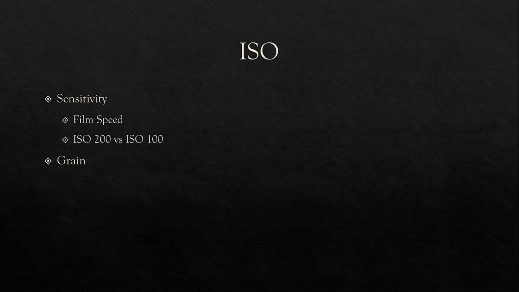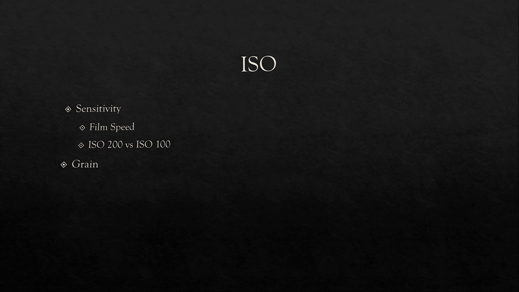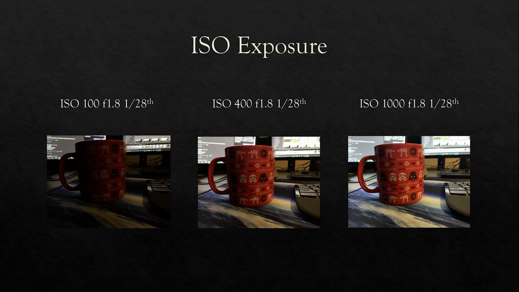Now, the higher the number of the ISO, the more grain you're going to get. I have a few examples here. All of these were shot with the same shutter speed and the same f-stop, but at different ISOs. On the right is the lowest at ISO 100, and then 400, and then 1000.